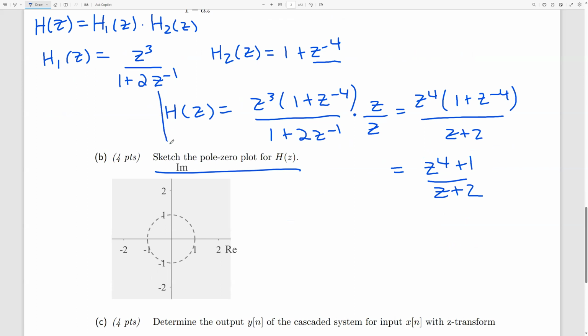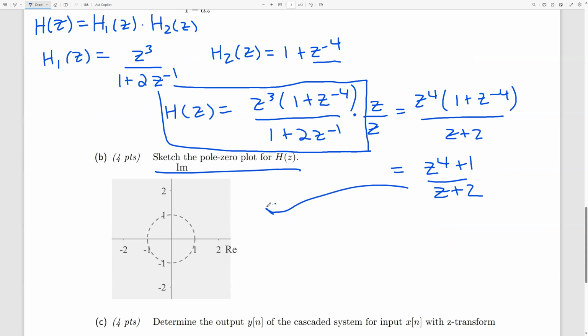So you could have stopped your answer here on the previous question, but I am aware that for this next pole zero plot, I always need to make sure that there are no z to the -1s whenever I sketch it. So this is a little bit more useful for this. First of all, the obvious pole is z equals -2. The zeros are going to be located at pi over 4, 3 pi over 4, 5 pi over 4, 7 pi over 4.